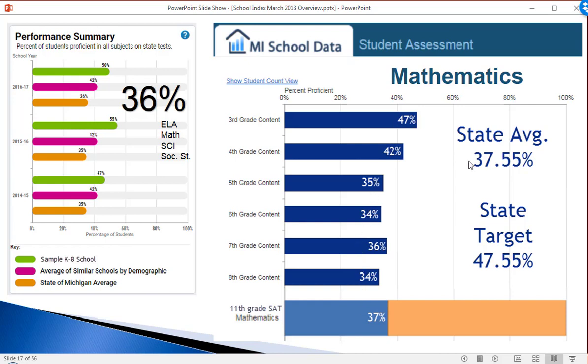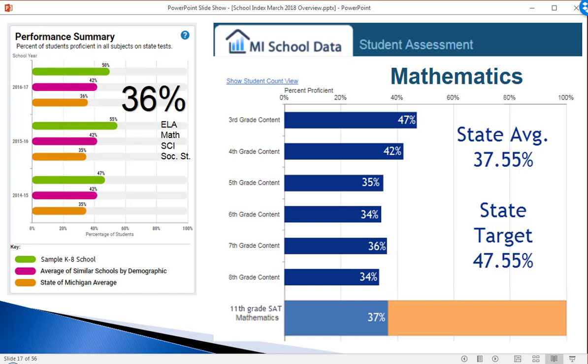So instead of setting the target at the state average, MDE ranked all the schools and found that the school at the 75th percentile had 47.5% of the students proficient in math. That means that 75% of schools in the state of Michigan have a lower percentage than that 47.5.